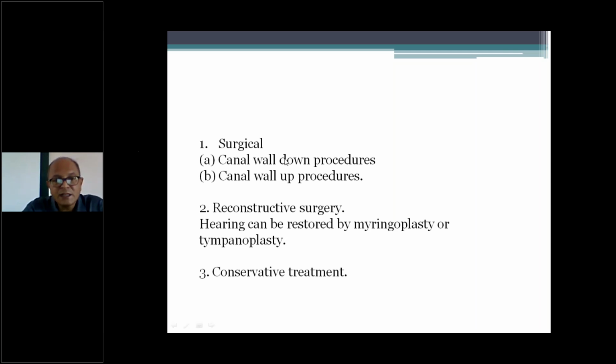But once you make a canal wall down procedure, what happens? In some conditions, you make a very big cavity. So once the cavity is very big, it will take time for complete epithelialization.